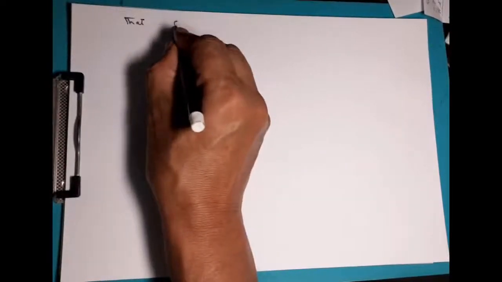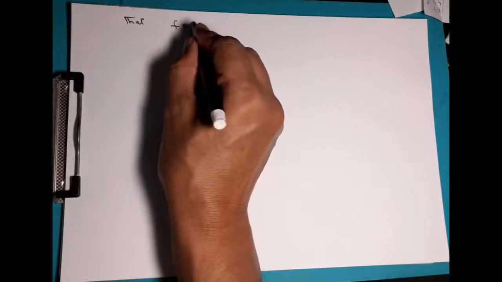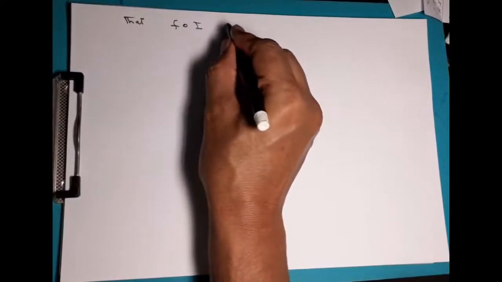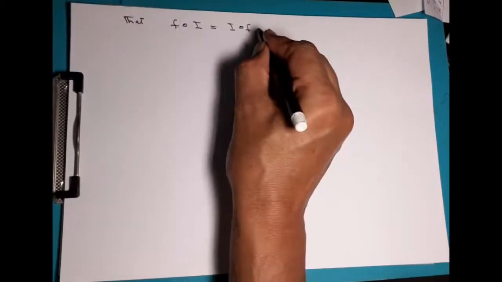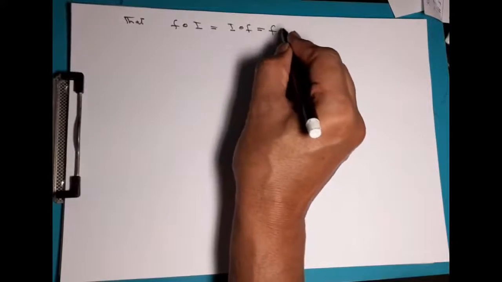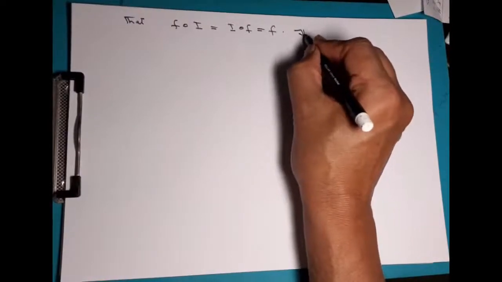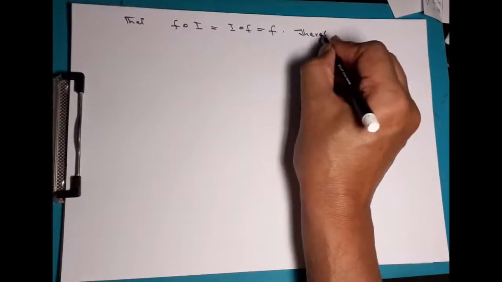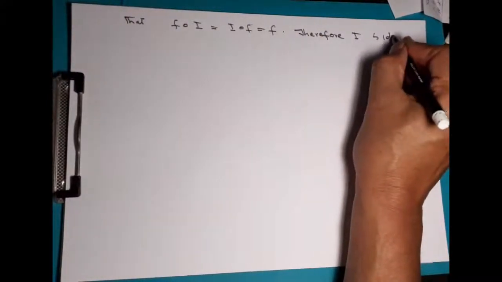If we compose a bijective function f with the identity function, or the identity function with f, the result is the same, that is function f. Therefore, I is the identity element in SR.